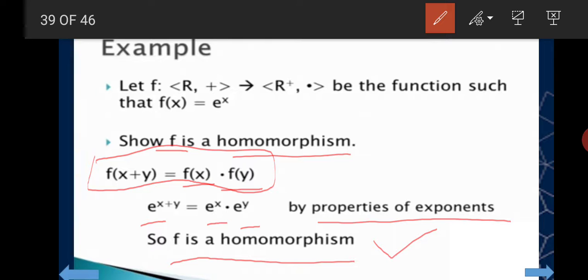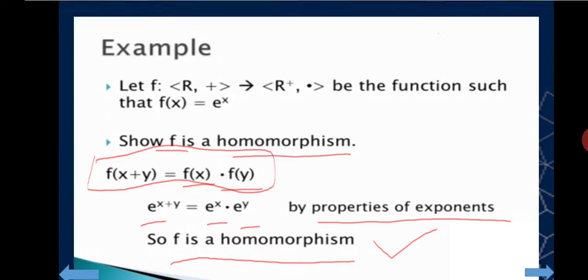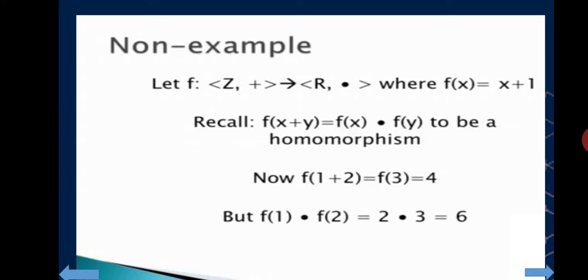And let's have a non-example of a homomorphism. So in here, we can see what a homomorphism wouldn't be. So let f be the function from the integers under addition to the real numbers under multiplication, where f of x is equal to x plus 1.